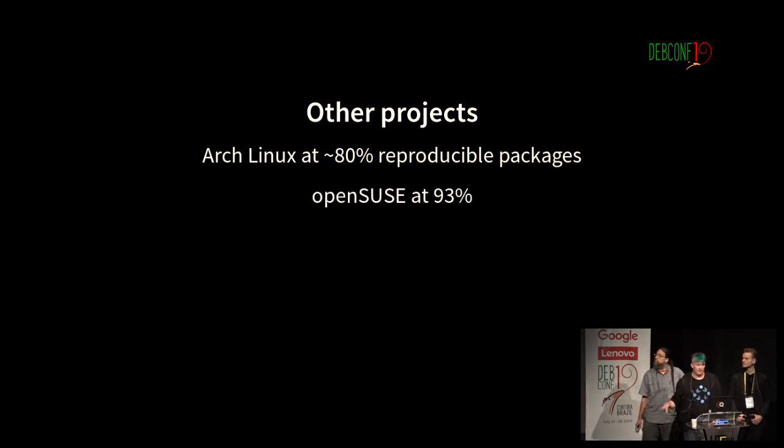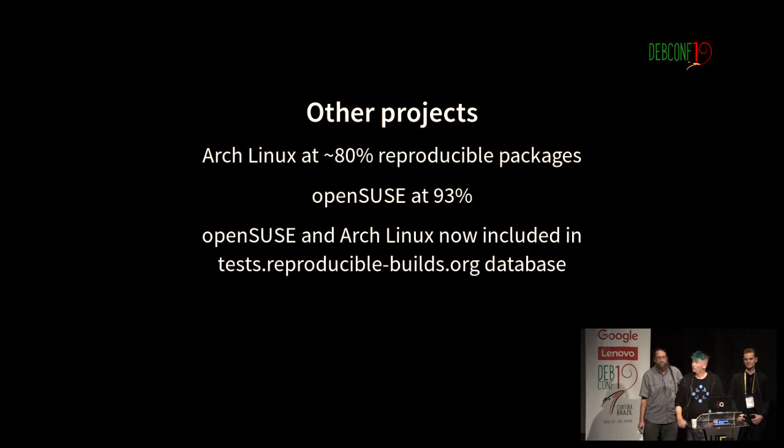OpenSUSE is at 93%, though that's with a configuration change to RPM, which is not in their real packages, so it's also in theory just. And OpenSUSE and Arch Linux are now included in our database for tests.reproducible-builds.org. So soon we can make web pages where we see how Firefox in Debian compares to Firefox in Arch Linux and so on.